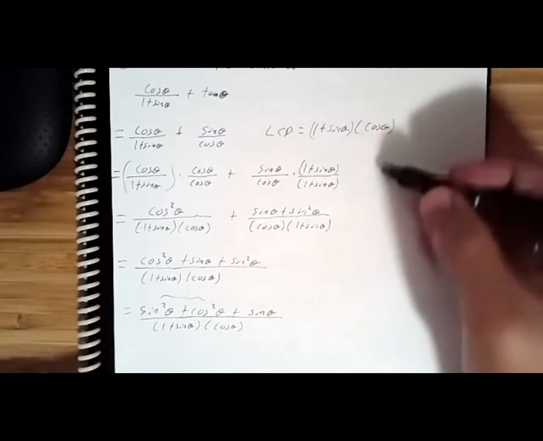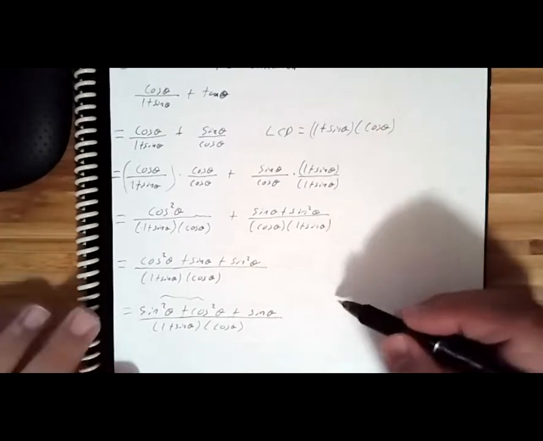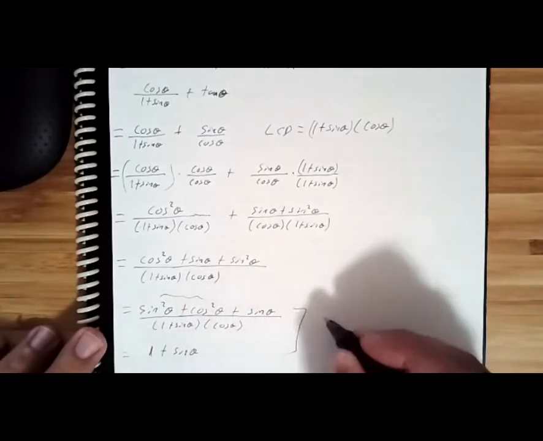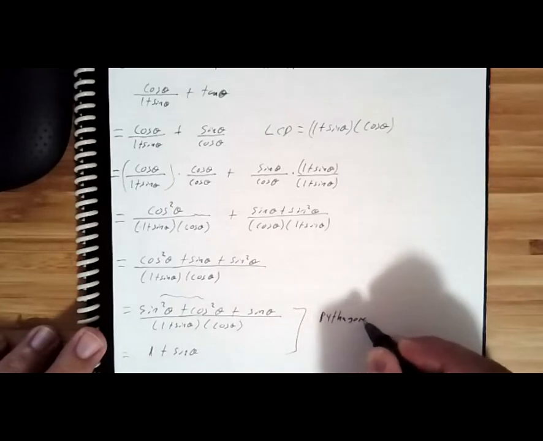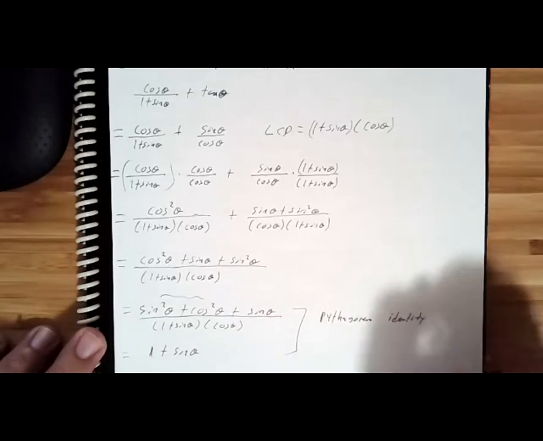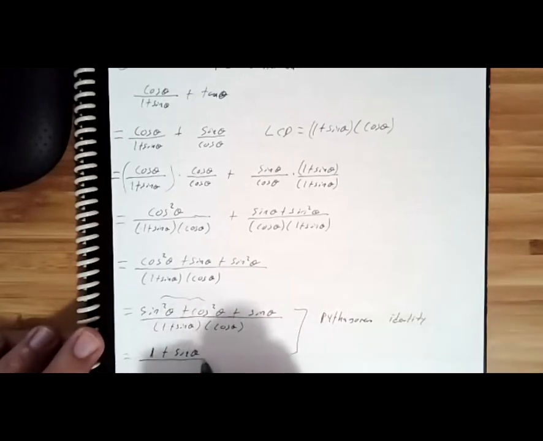So far, all we've done is add two fractions. This is when the identities start, so that becomes a 1. So from here to here, we use the Pythagorean identity.